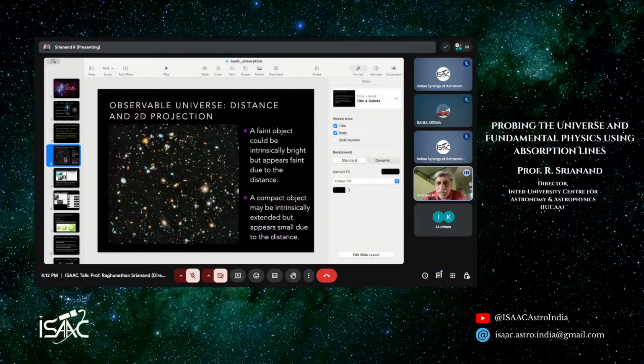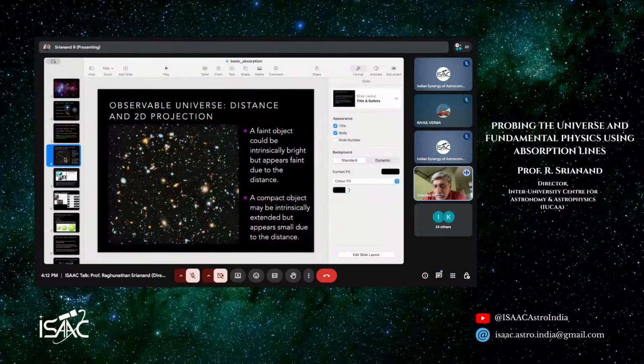So this is the thing you have to remember. First of all, we know that distances and time are related from whatever I was explaining to you. But to get there, it is important for us to figure out which object is near us and which object is far away from us. This is difficult for us to do because of these two degeneracies I have mentioned.